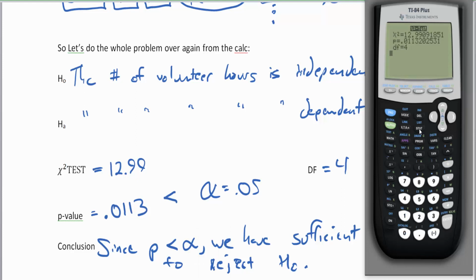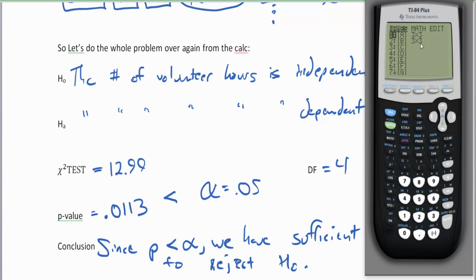Remember when we went to stat and went over to tests, and then we went down to the chi-squared test? Notice it said expected was in B, but you'd never typed anything into B. So now I want you to go second mode, second matrix, and notice there's now a 3x3 matrix that you didn't type in.